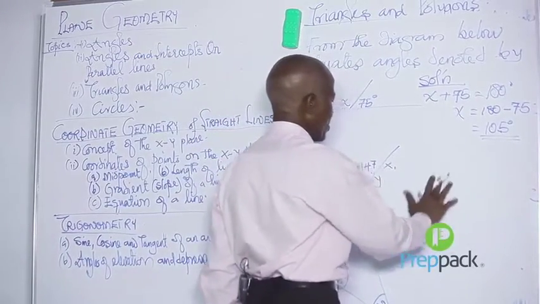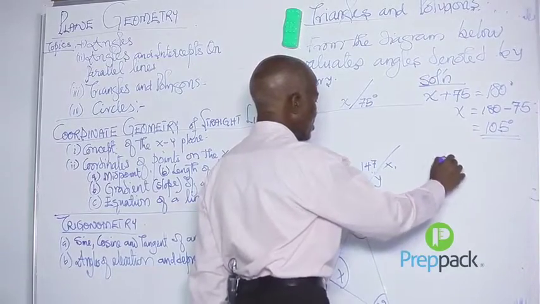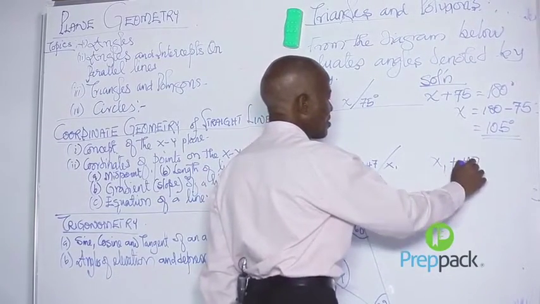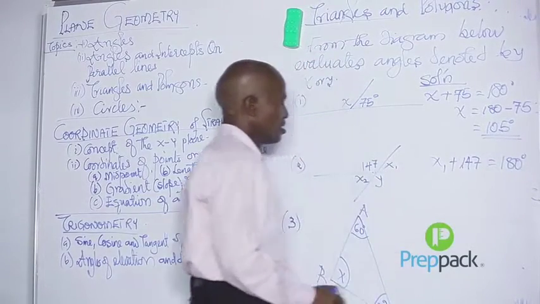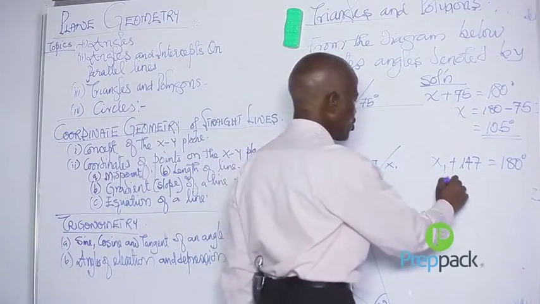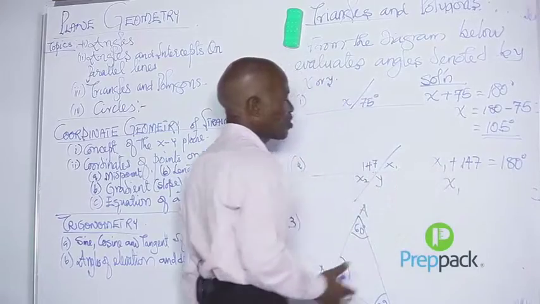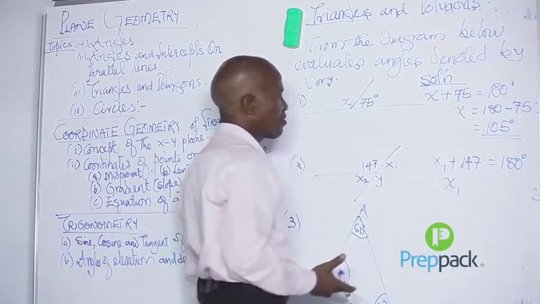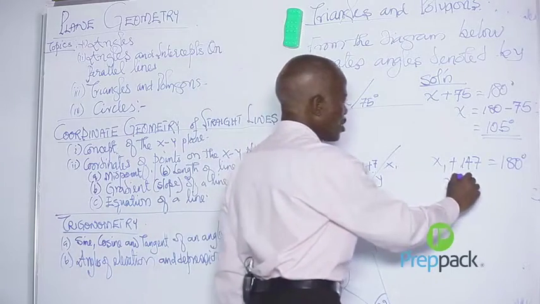Clearly, x1 plus 147 add up to 180 degrees, angle on a straight line. And therefore, subtracting 147 from both sides, 147 minus 147 gives us 0. 0 plus x1 gives us x1.